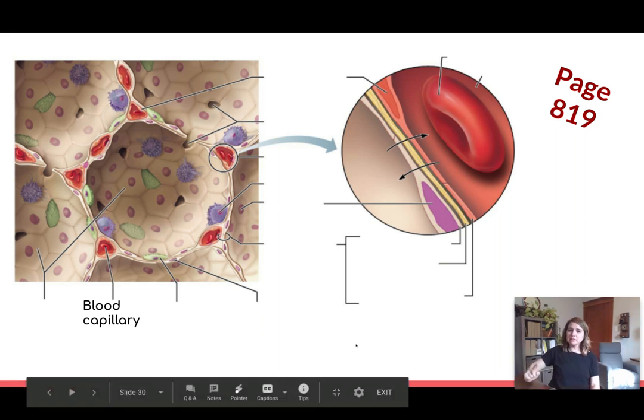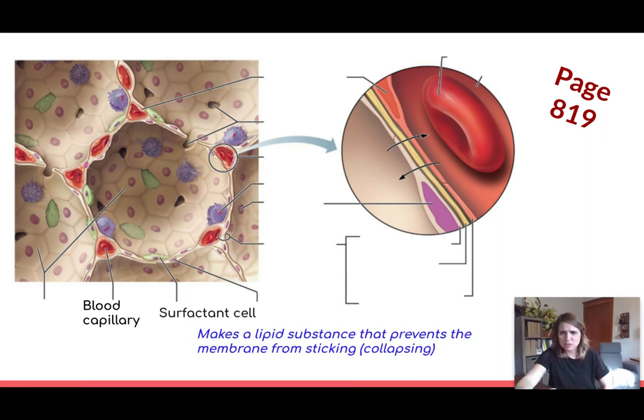A few other things to note on here are those green structures. I don't know if they're actually really green in real life, but they are important because they are cells that make surfactant. And surfactant is this type of lipid molecule that prevents the alveoli from sticking together and collapsing. So this is a sac that has to stay open.